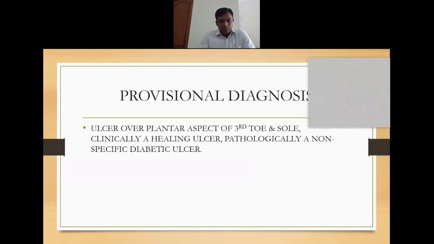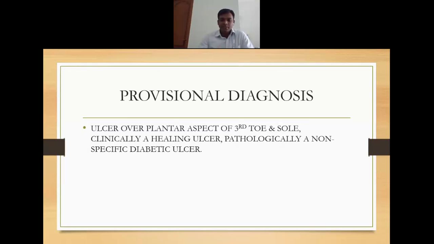So you are already telling it is pathologically a non-specific ulcer. When you have an ulcer and you can specify the pathology, like a tuberculous ulcer, that ulcer is due to tuberculosis. When the etiology itself is shown in the diagnosis, then you can call it a specific ulcer.